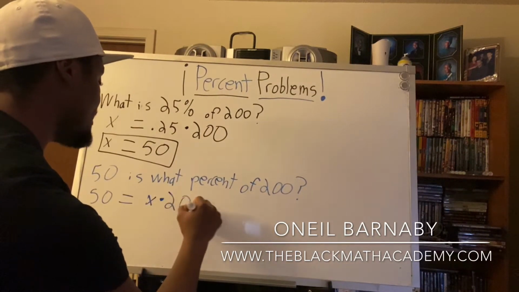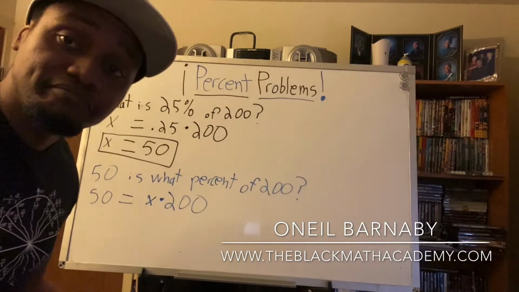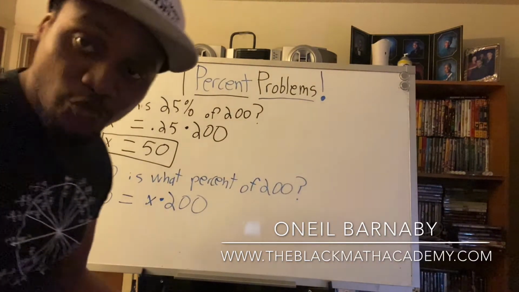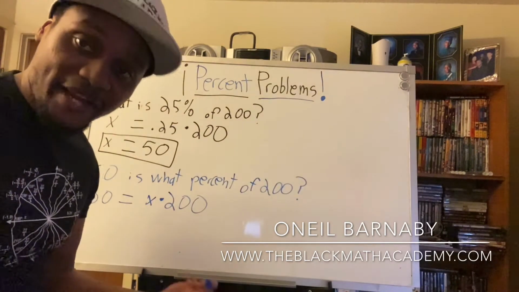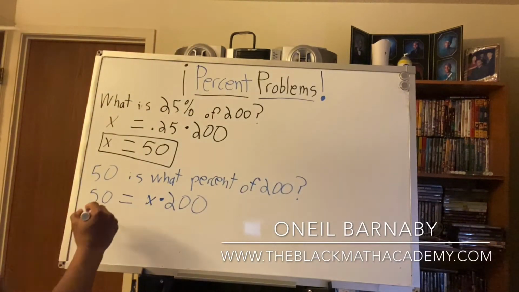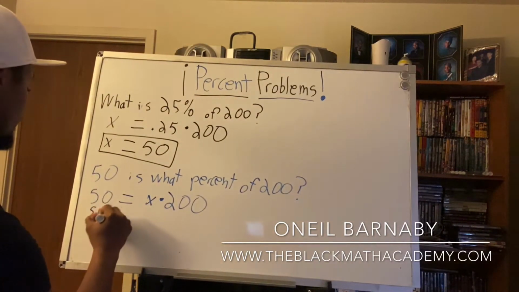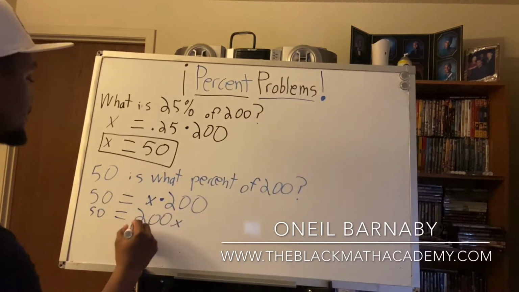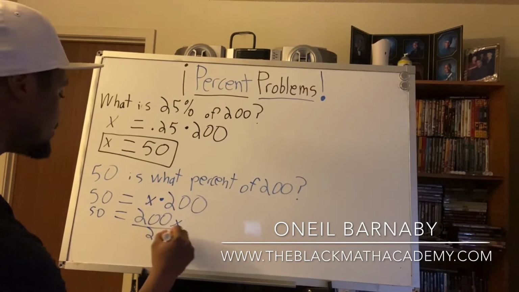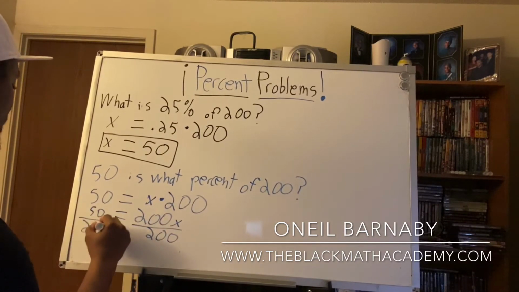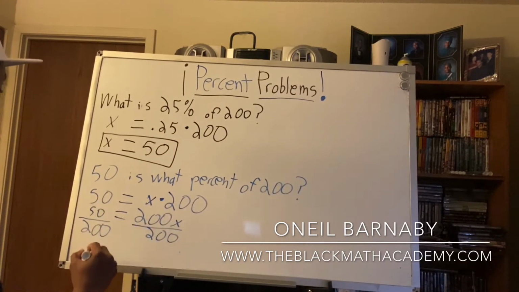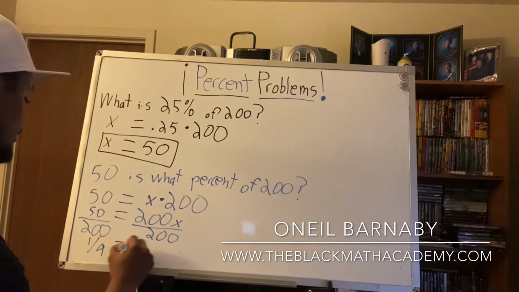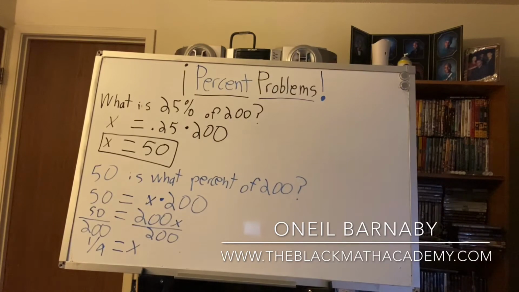And there you go. 50 is equal to x times 200, and you can just solve this like any other algebraic equation. So 50 equals 200x. Divide both sides by 200, and you get 50 over 200 is 1/4, and that is what x is.